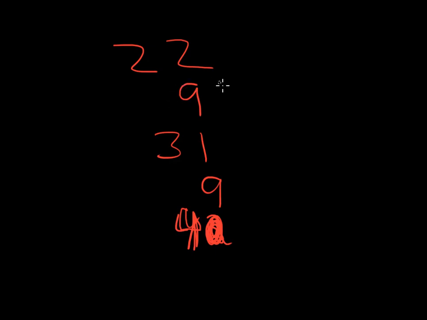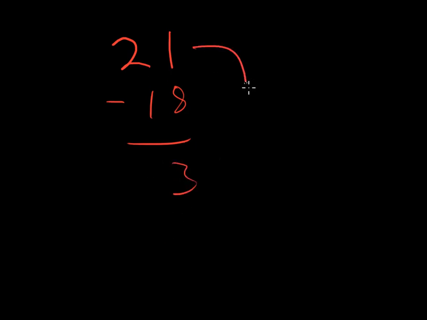So you could also go the other way too. I suppose if you wanted, maybe that's even simpler. So if you could subtract 9 from this twice, right? Minus 18, and that's going to give you 3. But if you look, 3 is equal to 2 plus 1.